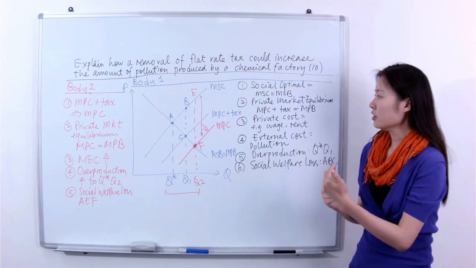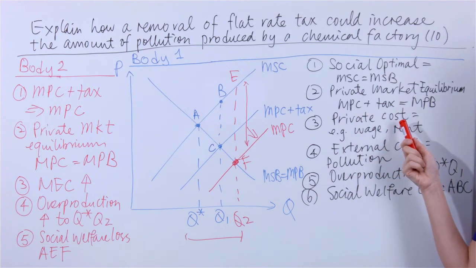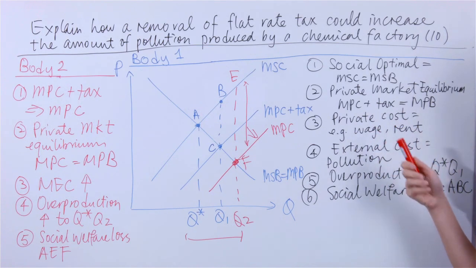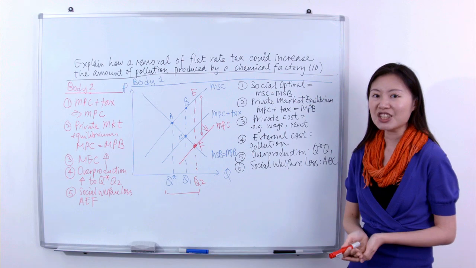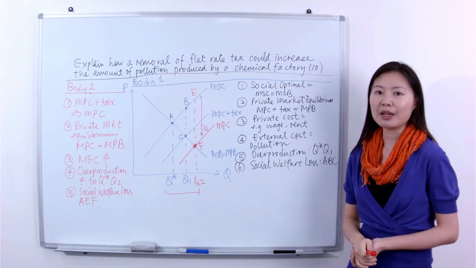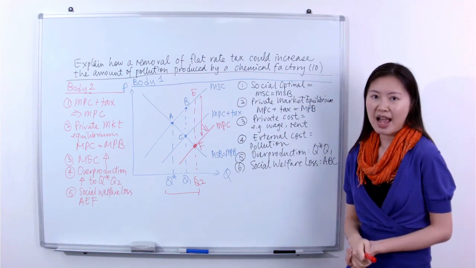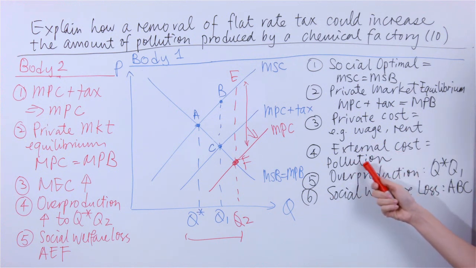So we need to illustrate what is the private cost. The private cost of production is the cost borne by the chemical factory in this case. It could be wage, rent, or electricity bills. And the external cost would be the pollution produced by the chemical factory.